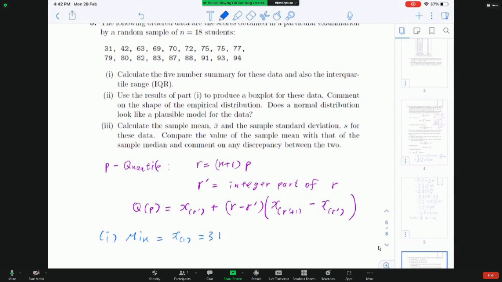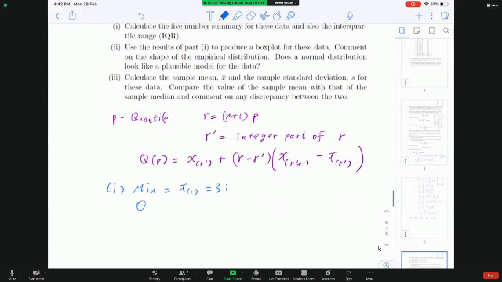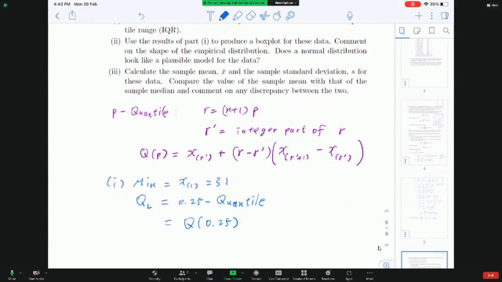Next, we need to find the lower quartile. The lower quartile is also the 0.25 quantile. So this is the next number in the 5 number summary, and it is equal to Q_0.25. Now, in general, how can we find a quantile?